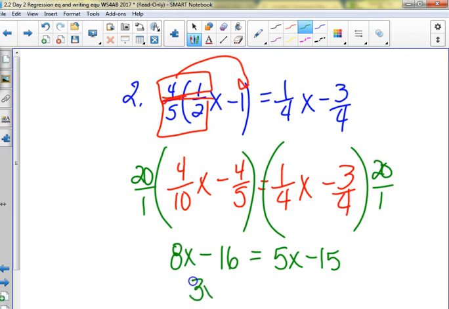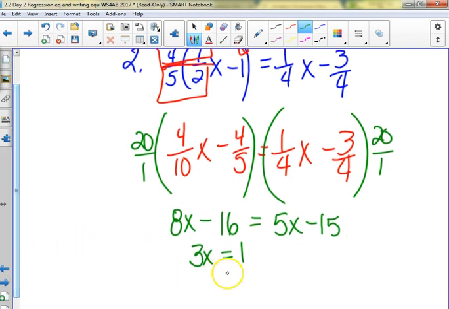So if we subtract the 5x's, we have 3x. If we add 16 to this side, we get 1. So the answer is 3. Because that's what I get a whole bunch of times when we get to this step. I have people write x equals 3. Did anybody else have 1/3 at the end?